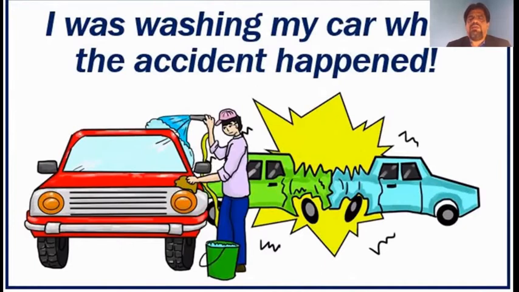You see, in this sentence, you may notice that there are two actions. One action is a completed action, and the other one was a going on action at that time when the other action happened. So there is a completed action.